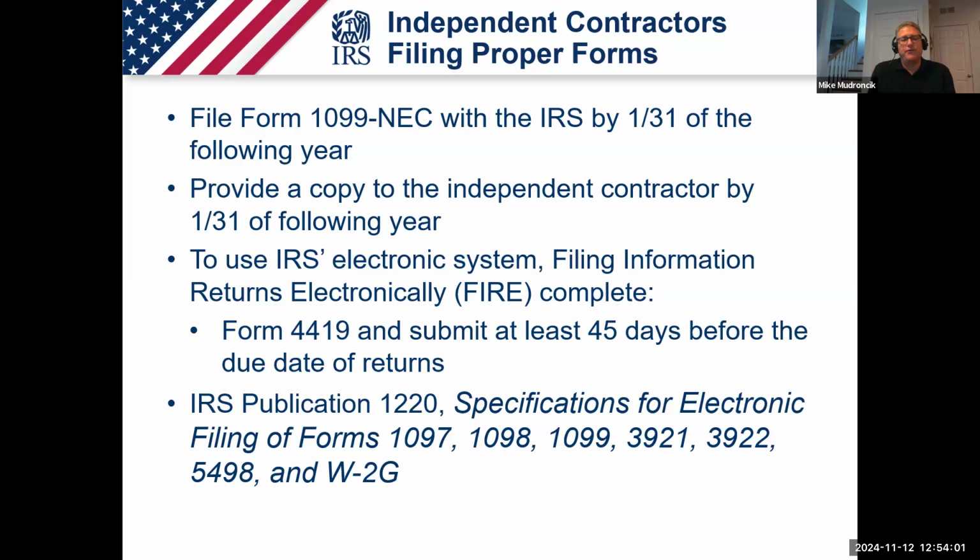There are a couple of ways you can file it with the IRS, and these systems are free and available to you from the IRS. The first one is filing information returns electronically, the FIRE system. You can get information about the FIRE system through irs.gov. To use the FIRE system, you submit Form 4419, at least 45 days before the due date of the returns, to set up your account with the IRS.